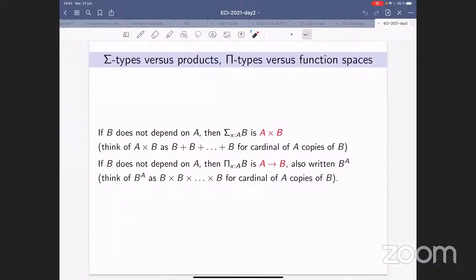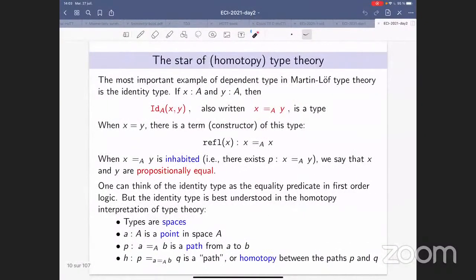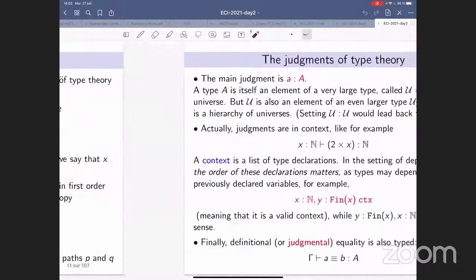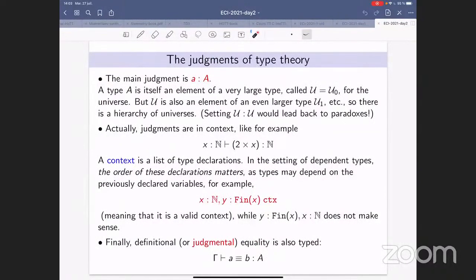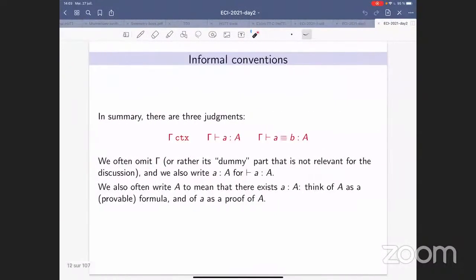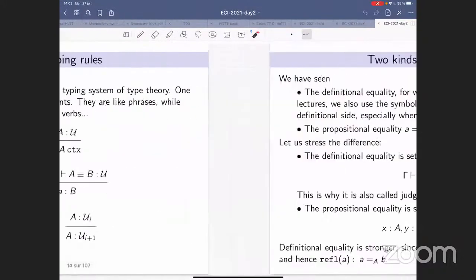And then I started to introduce one by one the different type formers that we have in type theory, namely sigma types, pi types, identity type or propositional equality type, natural numbers, coproducts. What else did we have?